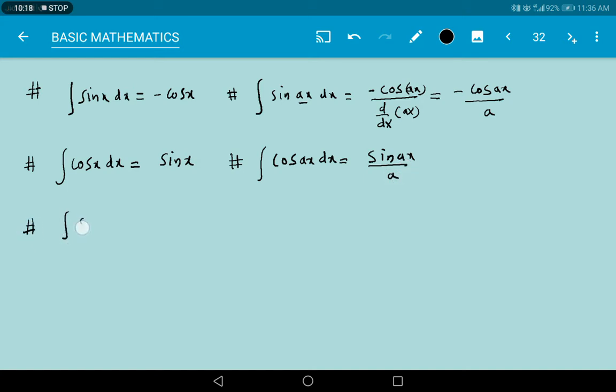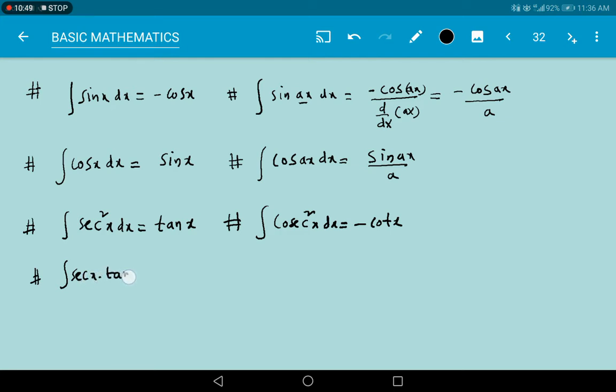Next, integration secant square x dx is tan x. Integration cosecant square x dx is minus cot x. Next, integration secant x into tan x dx is secant x.